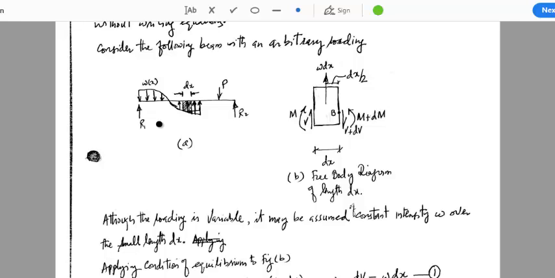For example, if I give you y is equal to x, this equation represents a line which is at 45-degree angle with respect to the x-axis. Similarly, if I give you y is equal to 2x plus 3, it represents a line and we can plot that line. So this omega(x) means that omega is a function of x. It will be expressed in terms of x, and if we take the integration of this expression between certain limits, then what will that integral give us? That integral will give us the area under that curve.